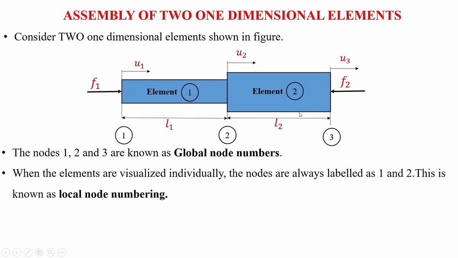Again for element number 2, when we consider it individually, we have the starting node 1 and the end node 2. So 1 and 2 will always be constant when we consider each element individually. Therefore, this is known as local node numbering. Whereas 1, 2, 3 are marked considering the system as a whole, and therefore these node numbers are known as global node numbers.